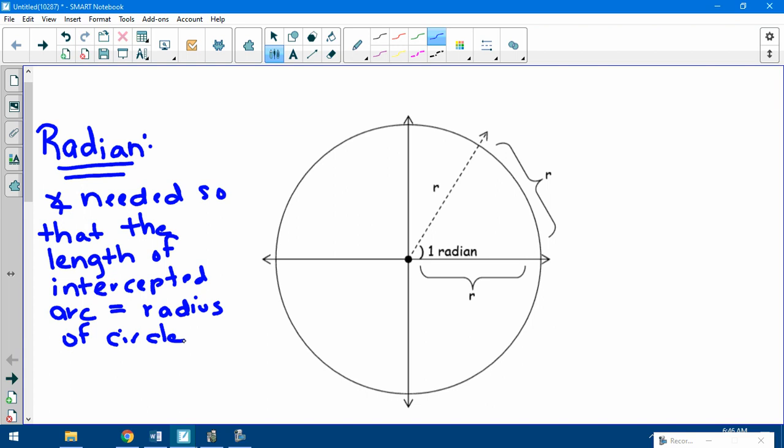So this picture I have here is 1 radian, because that length right here is equal to this length right there. If I were able to have a bendable ruler and measure that bendy length there, this curve distance would equal this straight distance. That's the definition of 1 radian.